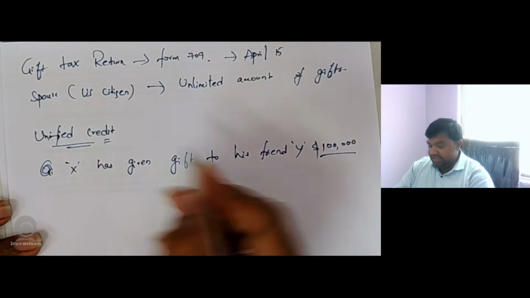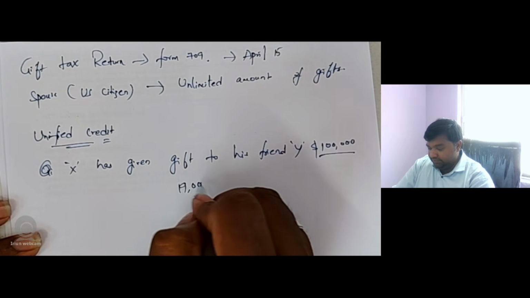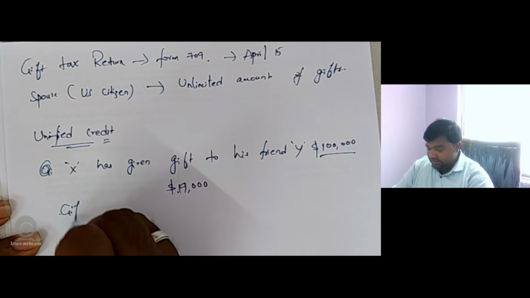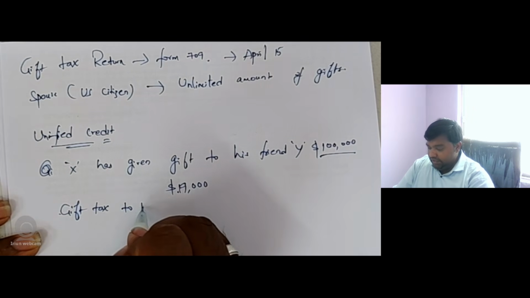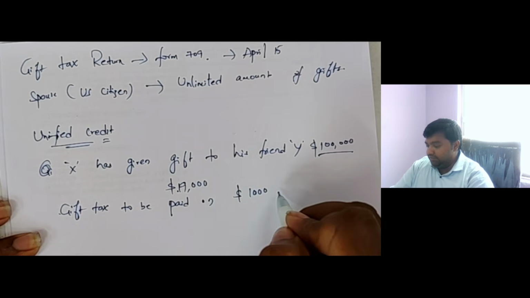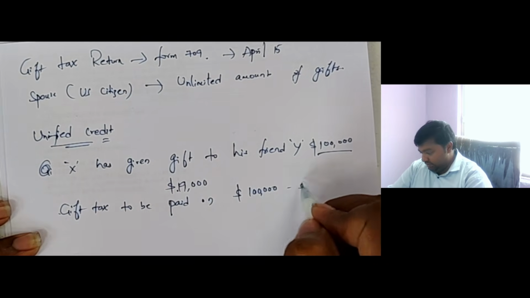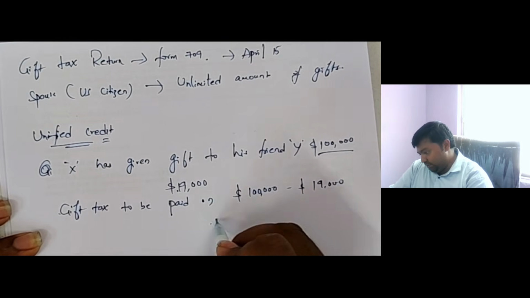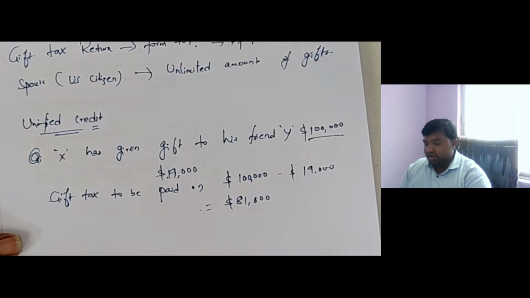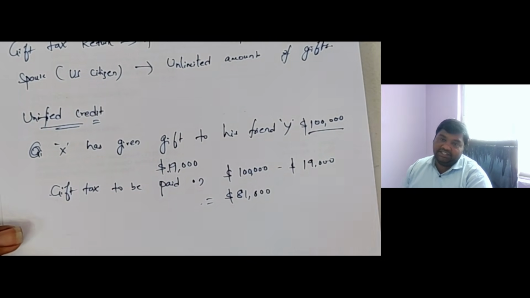The limit is 19,000 US dollars, right? So gift tax is to be paid on 100,000 minus 19,000, which is exactly 81,000. On this 81,000 you have to pay gift tax.